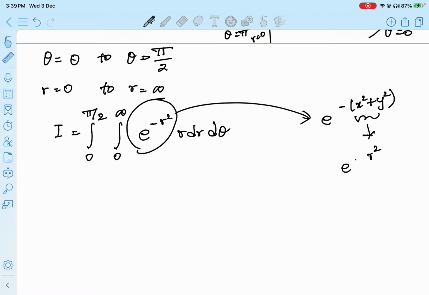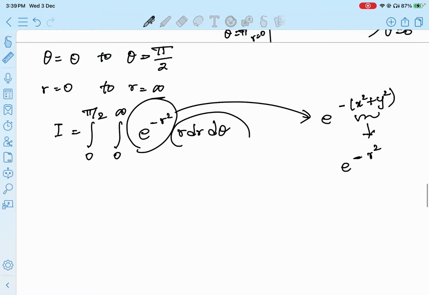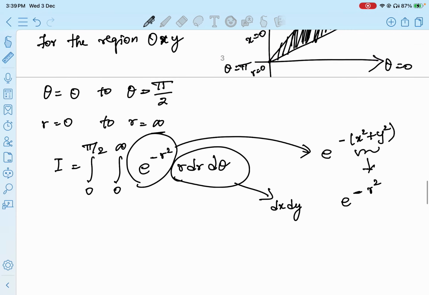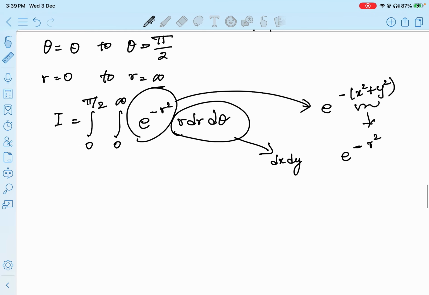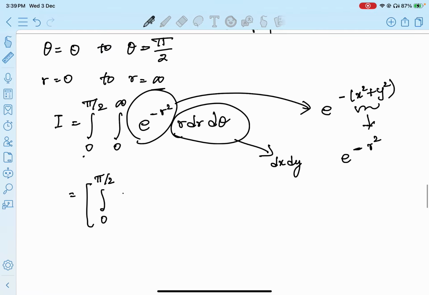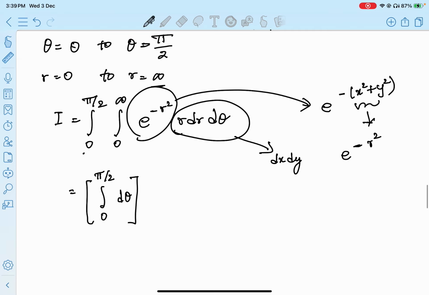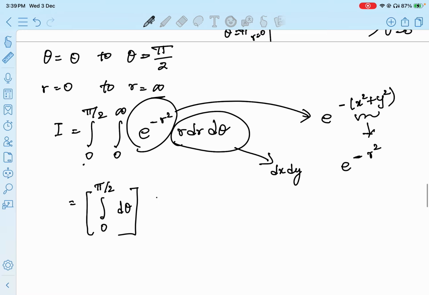So we can write e power minus of r square, and r dr d theta comes from dx dy, as we saw in the previous problem. Since the theta limits are constant, we can split the integrals into two. So the integral from 0 to pi by 2 of d theta, into the next integral from 0 to infinity of e power minus r square into r dr.